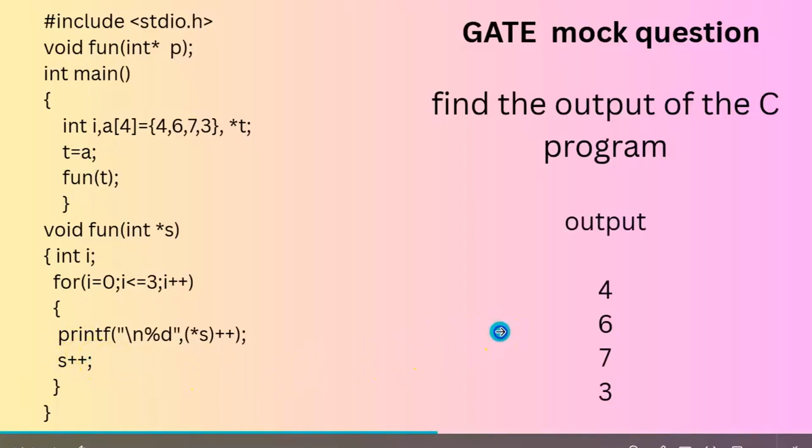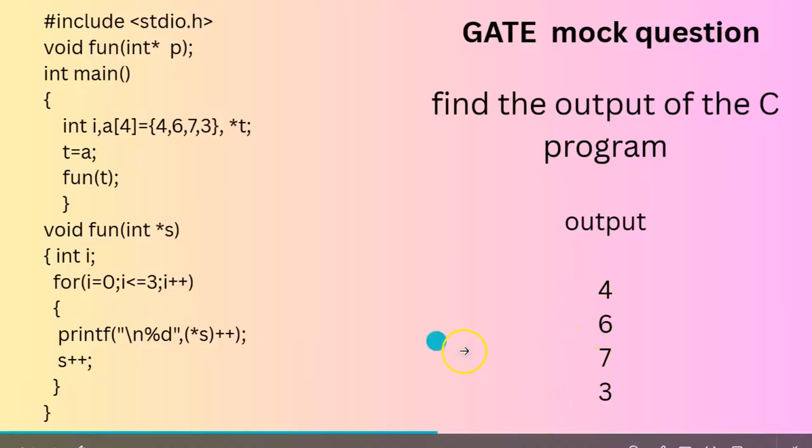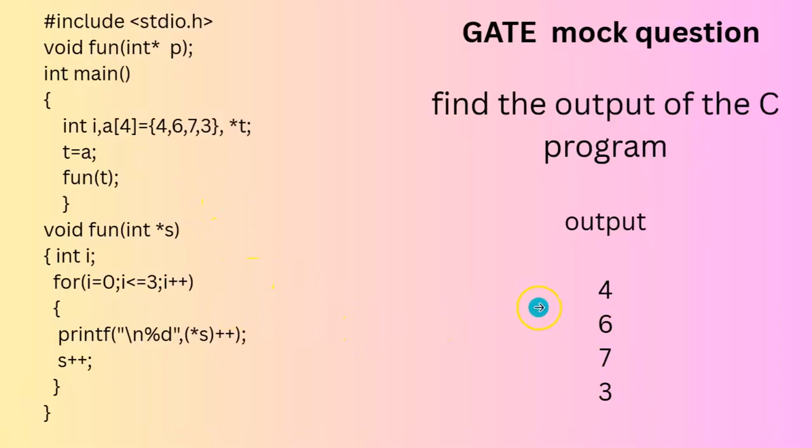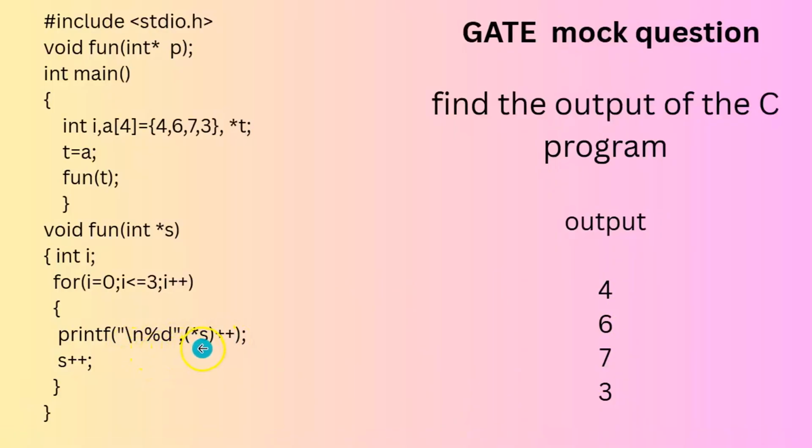So when you see the output, 4, 6, 7, 3 only will be printed. But actually the content will become, after printing, 5, 7, 8, 4. But here we are getting only 4, 6, 7, 3 because we are operating from left to right in the print statement. That means print the content stored in the address specified by S. After printing, then you are incrementing by 1.